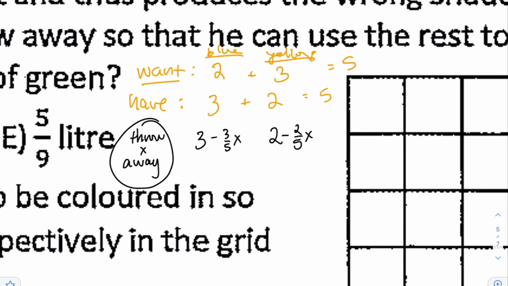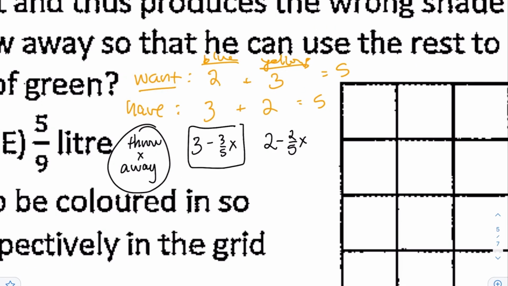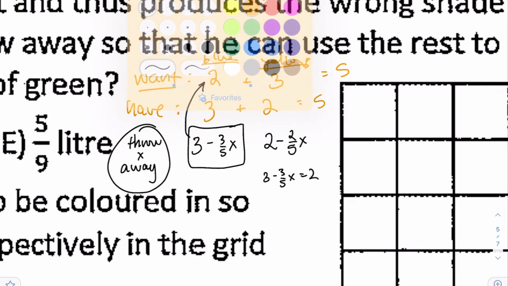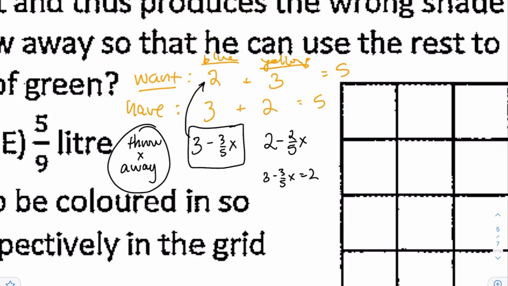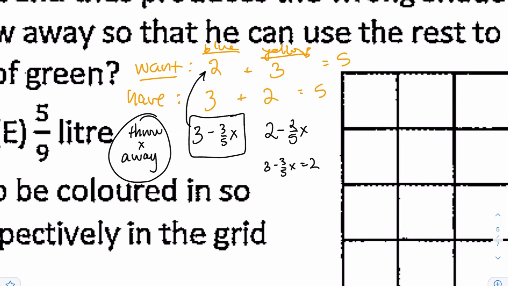So in this case, if you throw away 3 minus 3/5 of X, you want this new amount to be just equal to 2. So this is going to be your equation. 3 minus 3/5 of X has to be equal to 2. And to solve for this, you can subtract 2 from both sides.